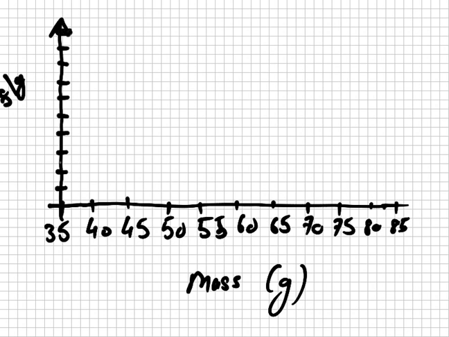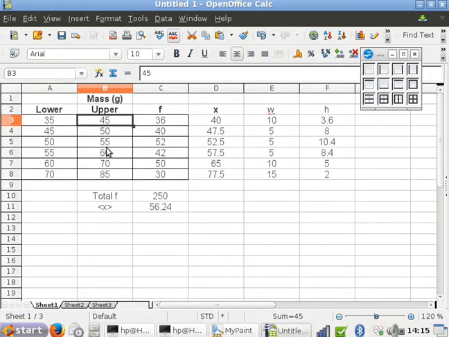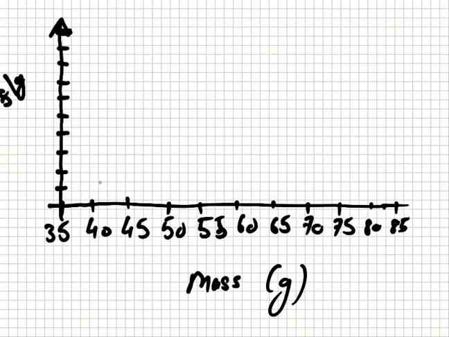Okay, so what's the first bar? 35 to 45, and its height is 3.6. Okay. And what about the next bar? Its height is 8. 45 to 50? Yes. It's smaller, is it? Yes.